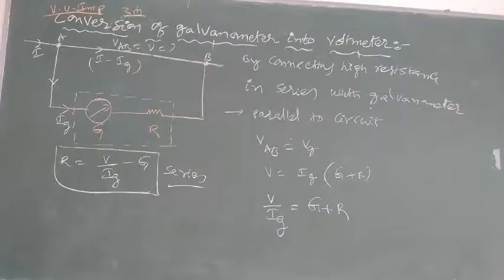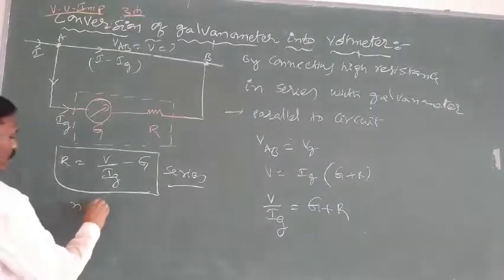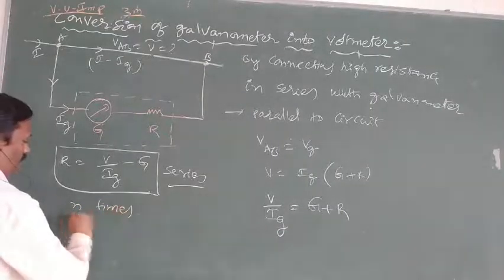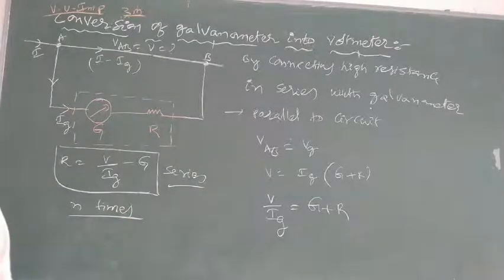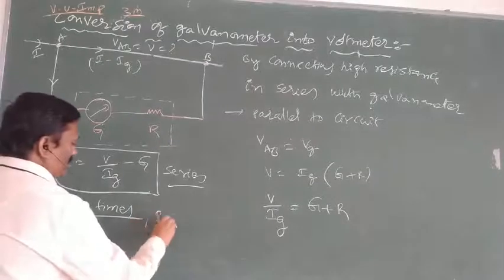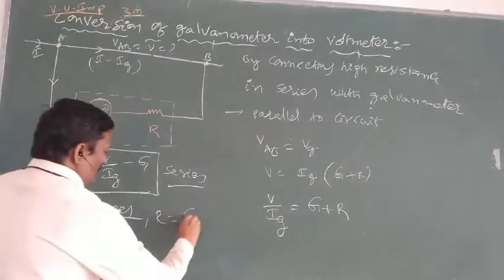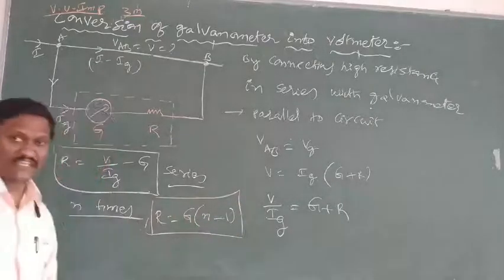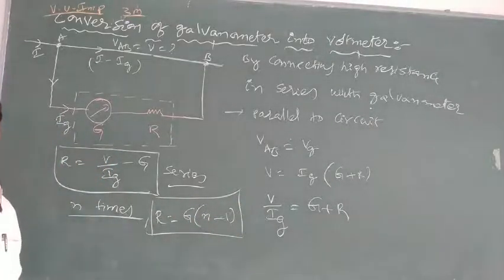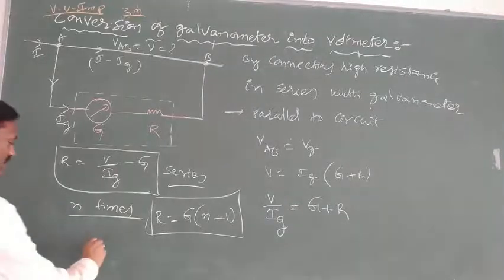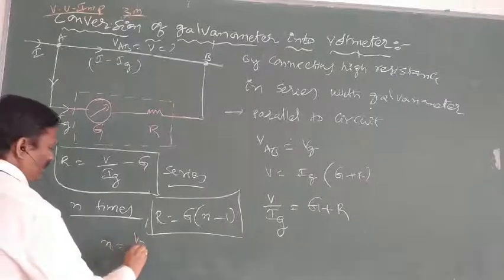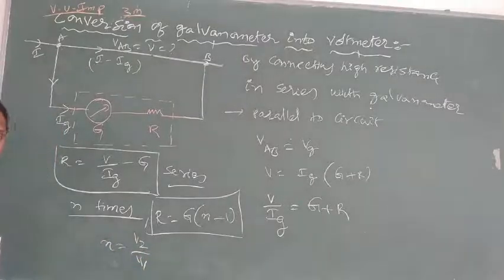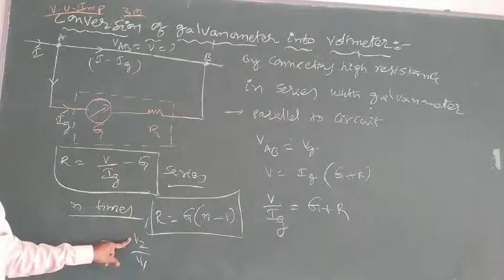Next, to increase the range of the voltmeter by n times, the required series resistance is nothing but G into n minus 1. Here n means the factor by which the range of the voltmeter increases, the voltage sensitivity. N is equal to V2 by V1, where V2 means the new range of the voltmeter and V1 means the initial range.